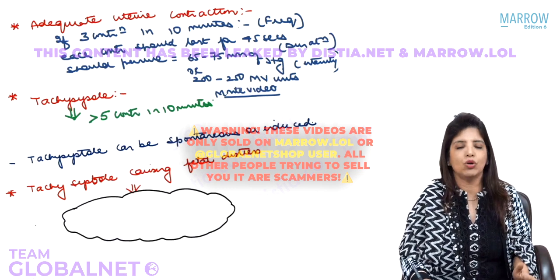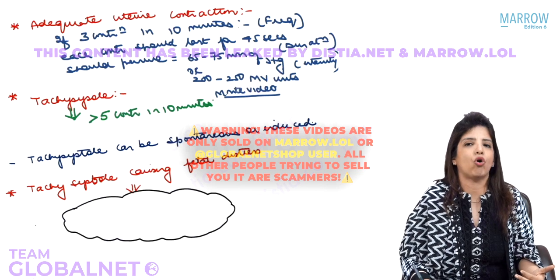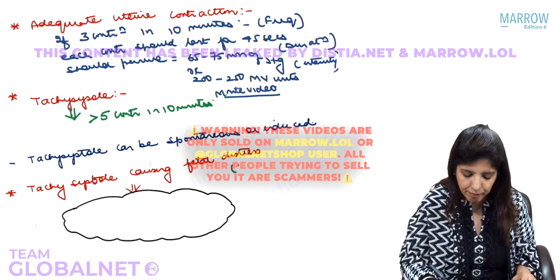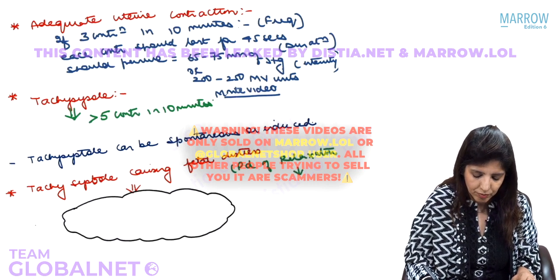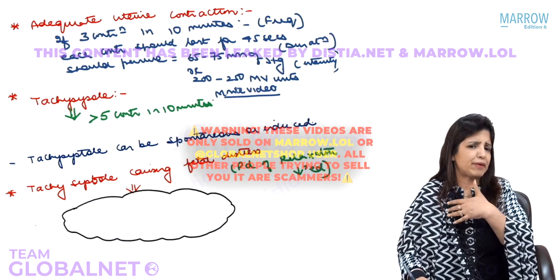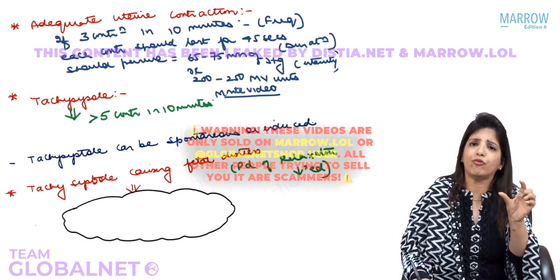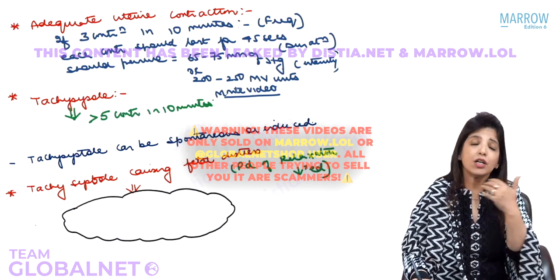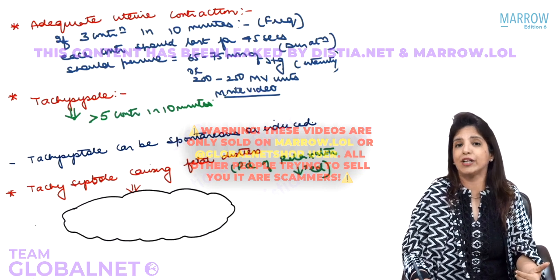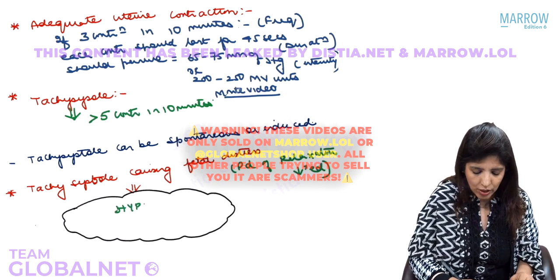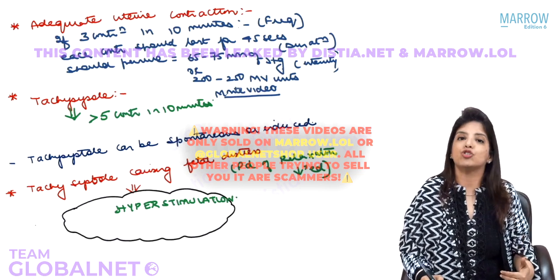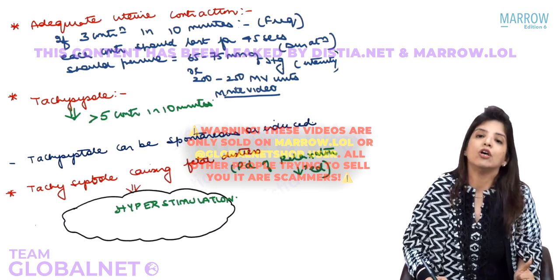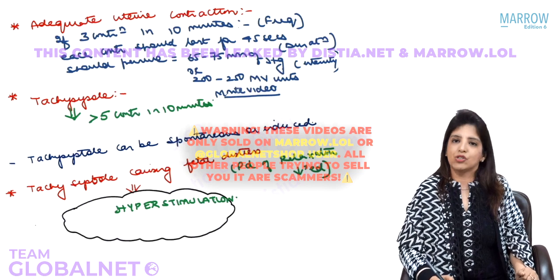Now, tachysystole, I just told you, can cause fetal distress because the contractions are happening so frequently that the period of relaxation is getting decreased. Now, when tachysystole leads to fetal distress, this is called hyperstimulation. Although this is an outdated term, we do not use it now. We use the term tachysystole with fetal distress.